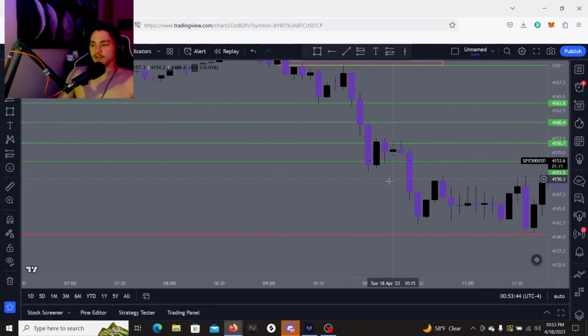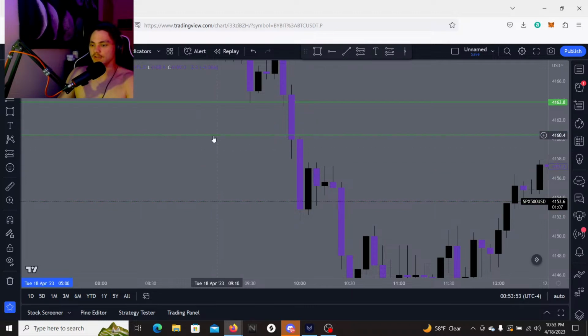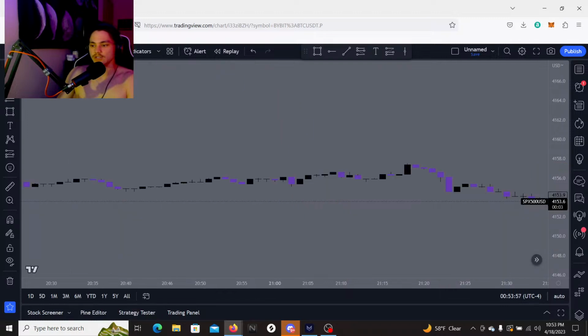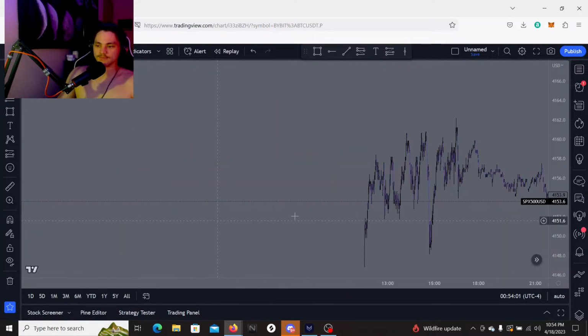And if you look on the 5 minute, I don't see any breaker structure. If I'd entered on the 5 minute, I would have never even taken the trade. But instead, we dropped down to the 1 minute.